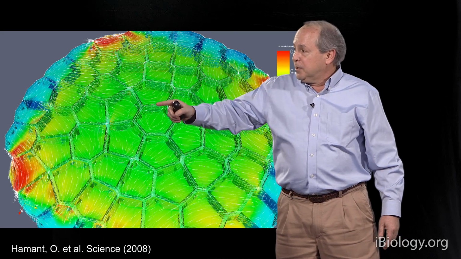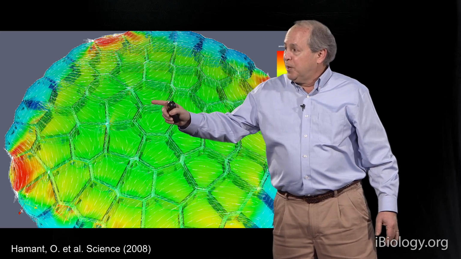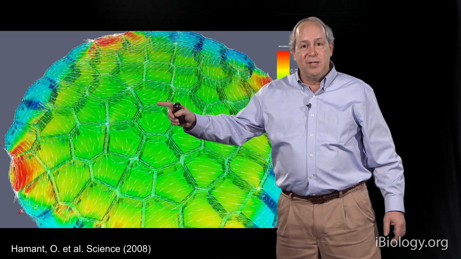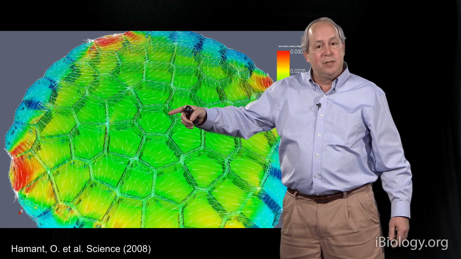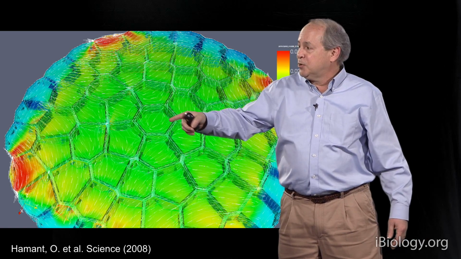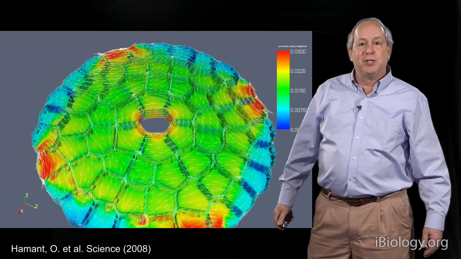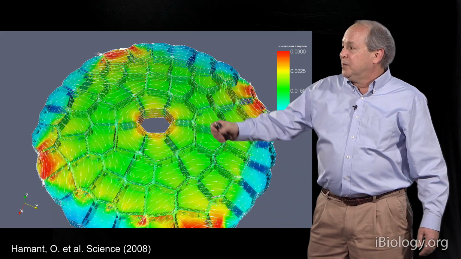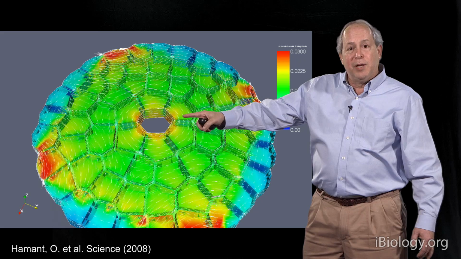And the little white lines, difficult to see, are the principal directions of maximal stress in each of the cell walls, and they're quite random at the top because the stresses are isotropic in this hemispherical part of the meristem. If we ablate a cell in the computer, the stress is realigned to become circumferential to the ablated cell.